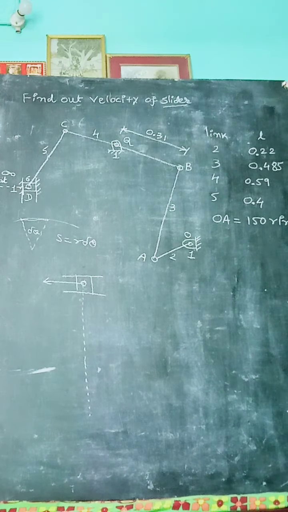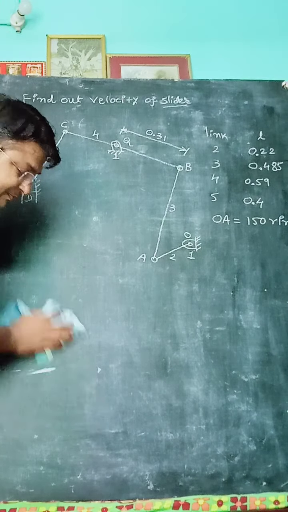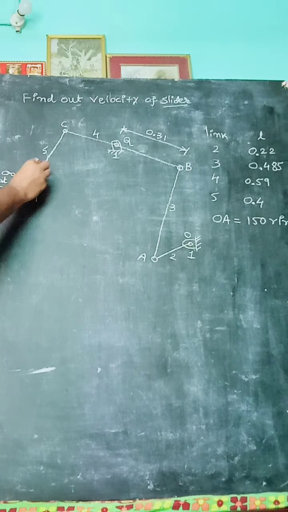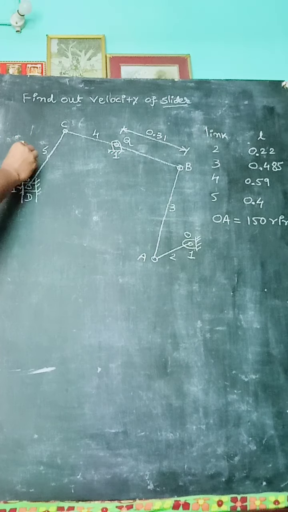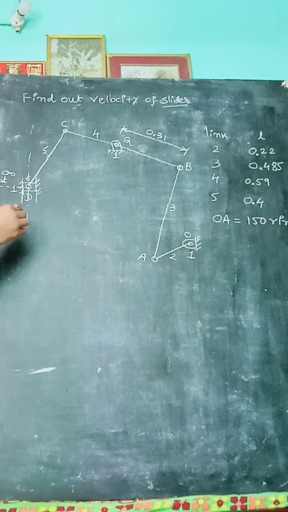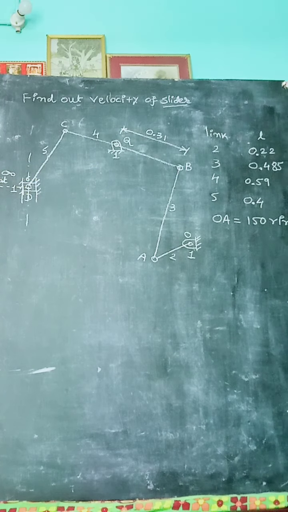Okay, so it is applicable to all the sliders. So here in our case, the slider is sliding vertically up and down. That means its instantaneous center is perpendicular to its path.